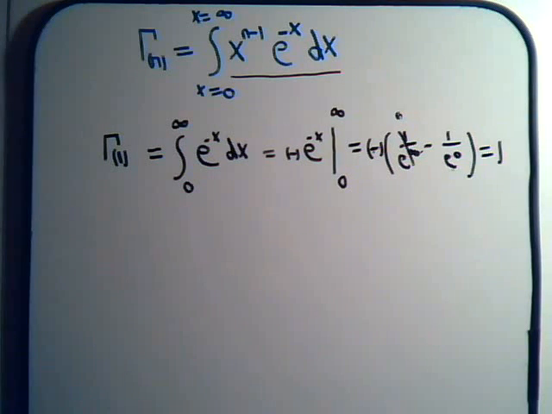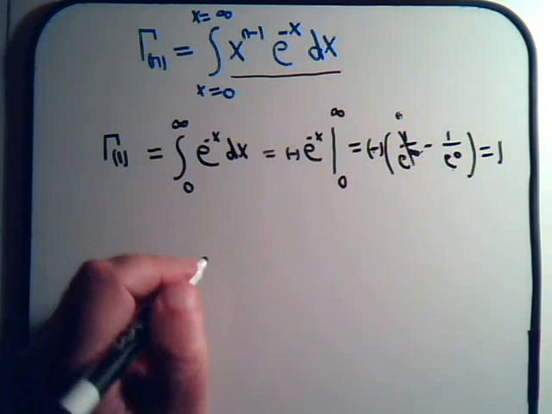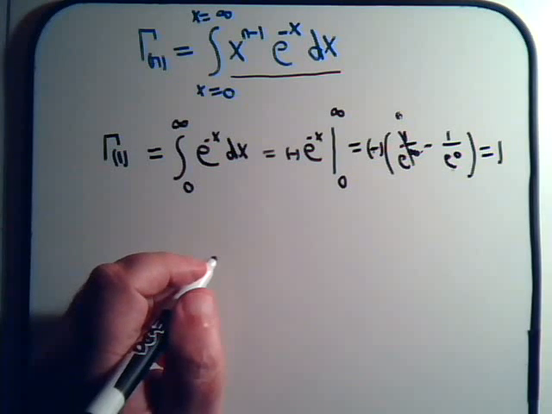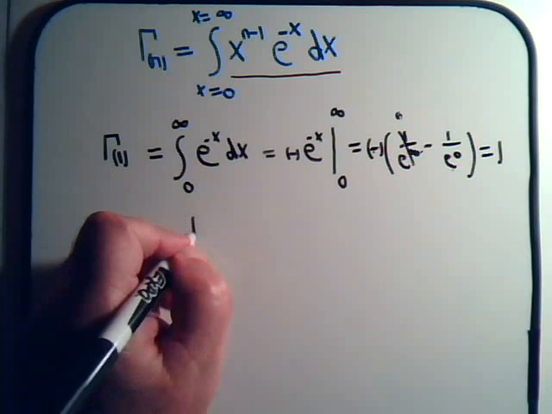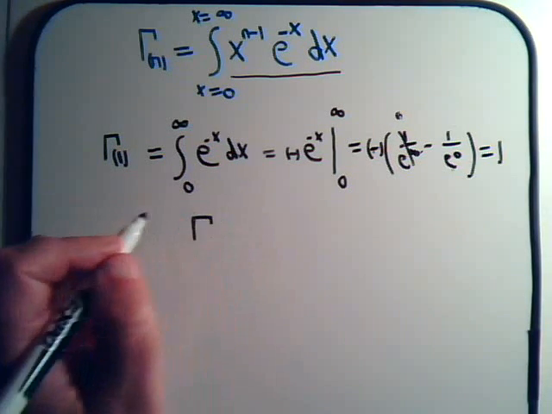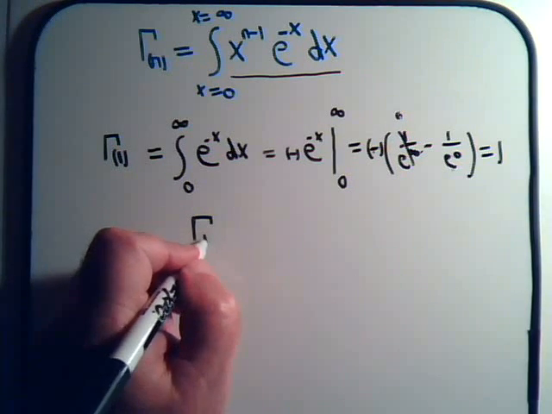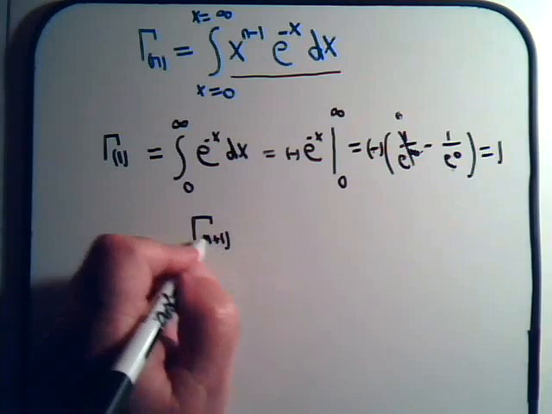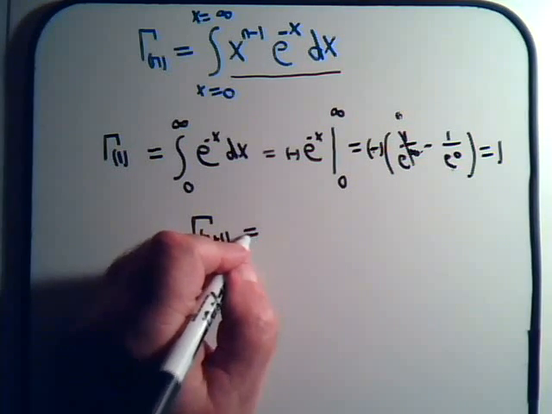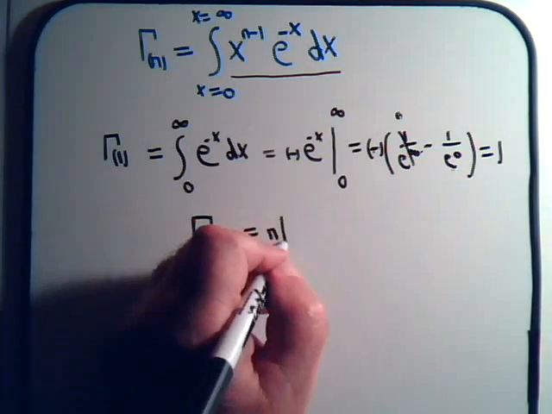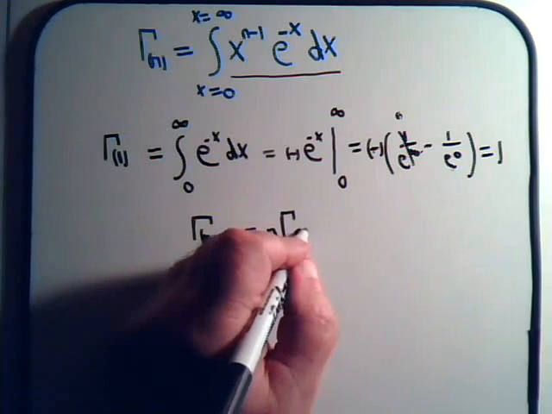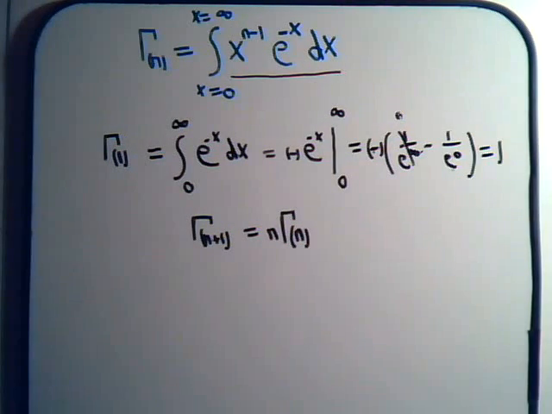With other whole numbers, we can work them, remembering now what we had derived in the last video, that the gamma function of n plus 1 equals n times the gamma function of n. We derived this relation in the last video.